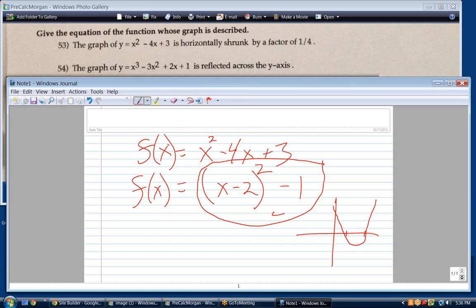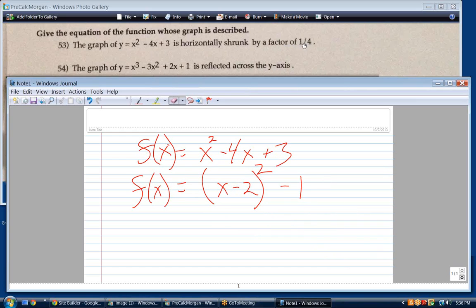It's a parabola that's moved to the right by 2 units and down by 1.